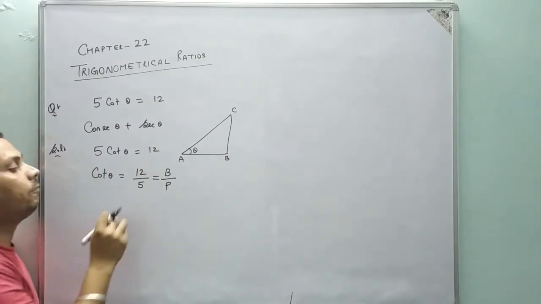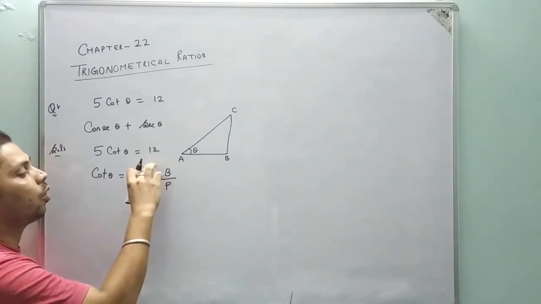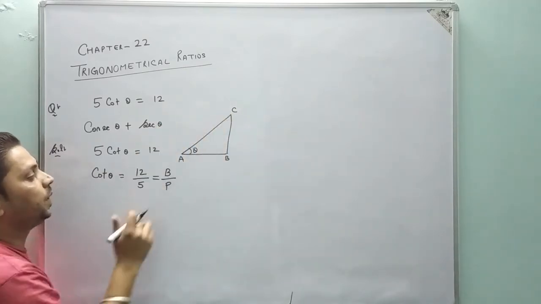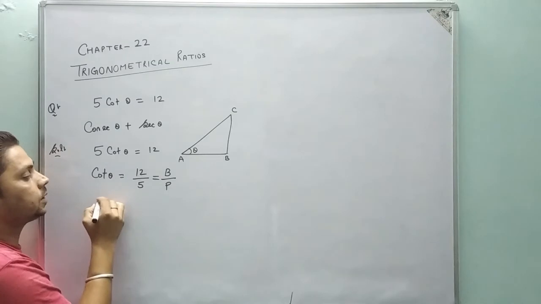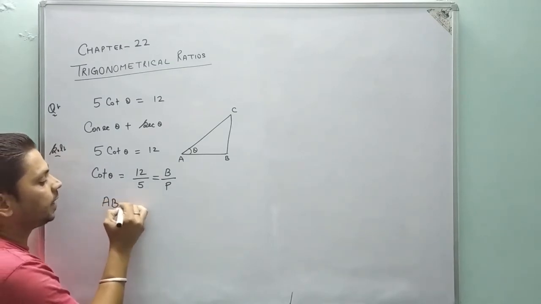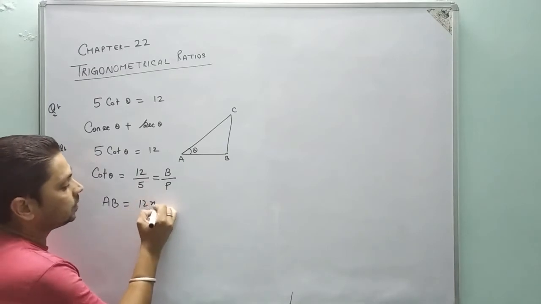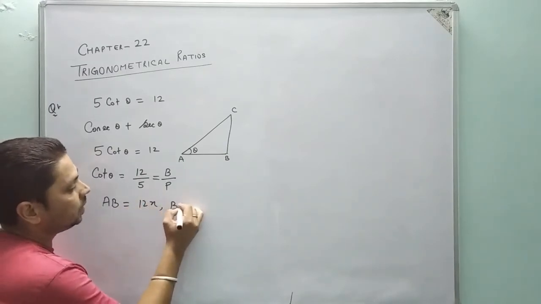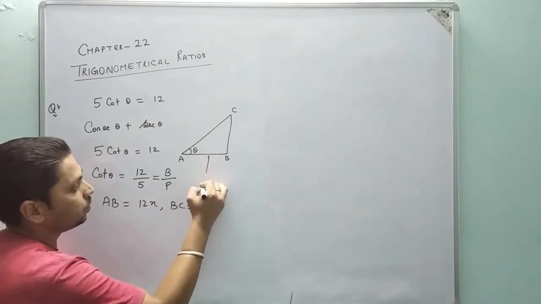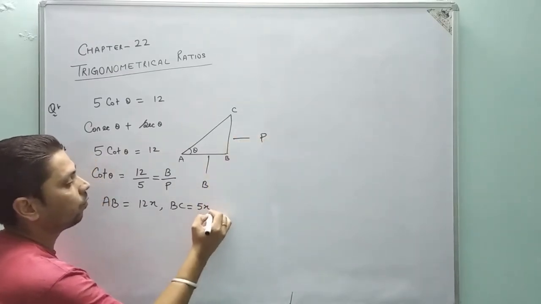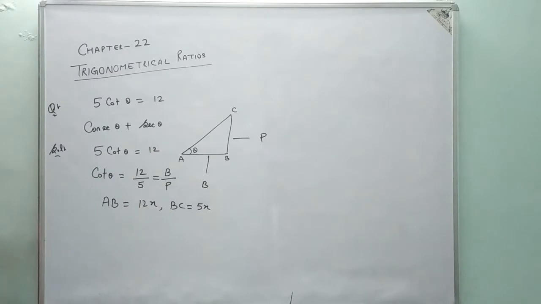We have to find the value of AB and BC. Let the common ratio be x. So AB is equal to 12x, which is the base, and BC, which is the perpendicular, will be equal to 5x. We have these two values.